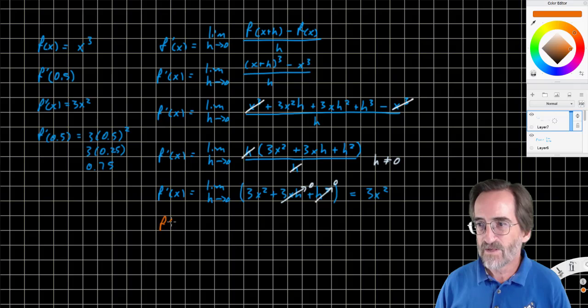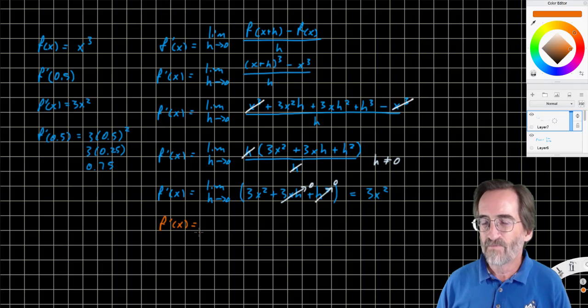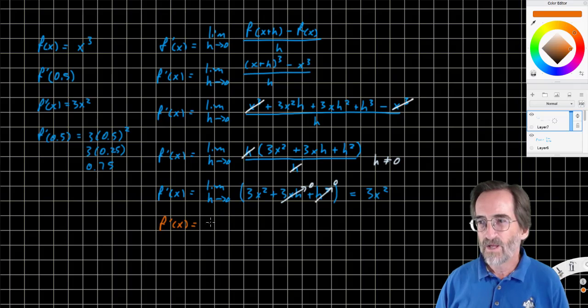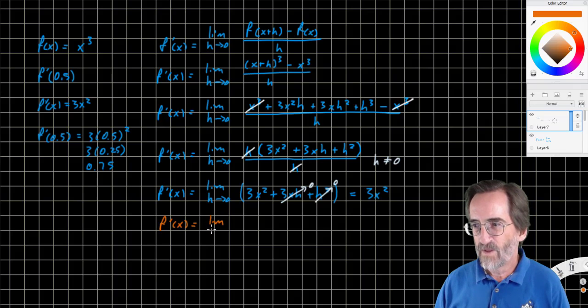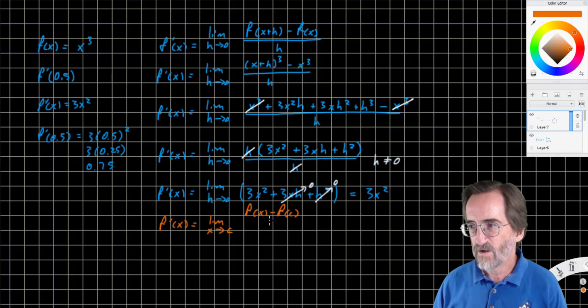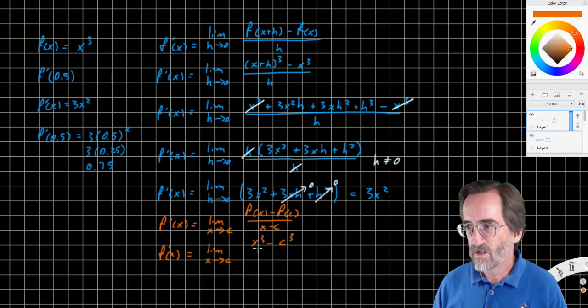So f prime of x equals the limit as x approaches c of f of x minus f of c, all over x minus c. Just to set this up, f prime of x equals the limit as x approaches c of f of x, which is x cubed, minus c cubed over x minus c.